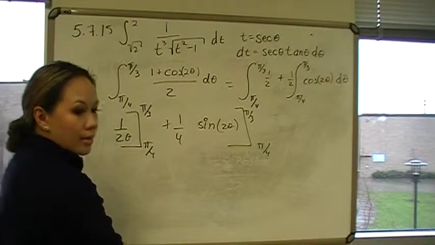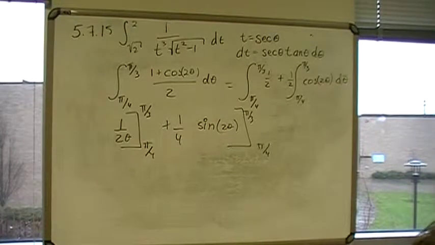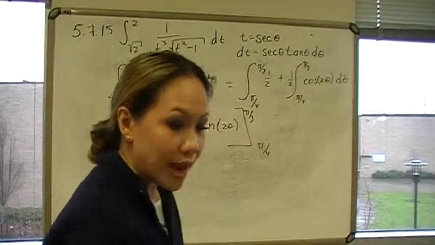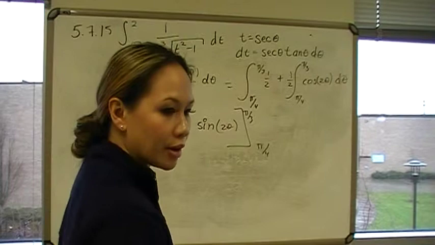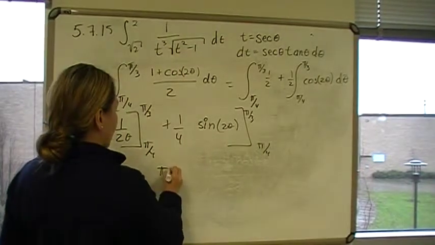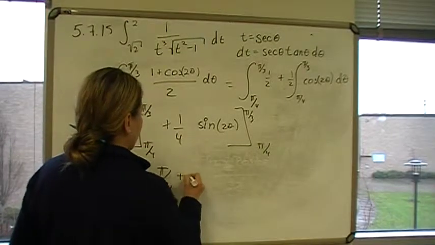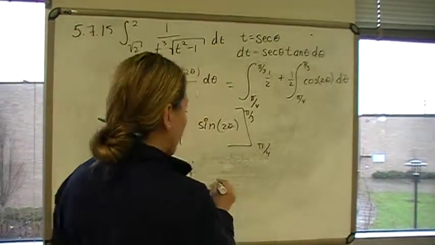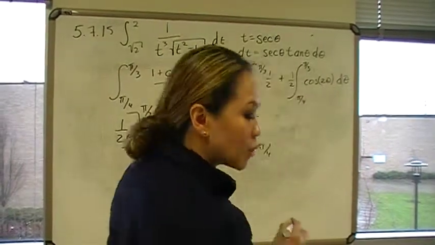Okay, and let me check to see. Alright, cosine 2 theta. Alright, so the answer you should get after you calculate that in your TI-89 or whatever calculator you're using is pi over 24 plus root 3 over 8 minus 1/4.